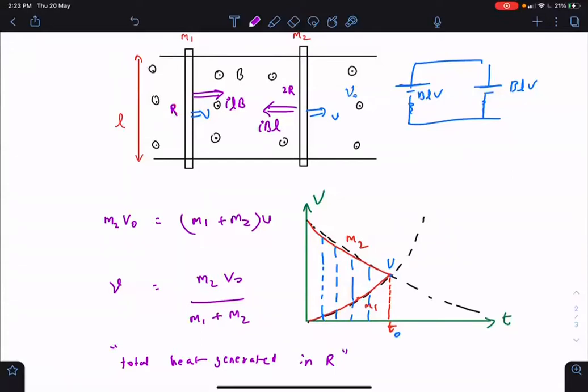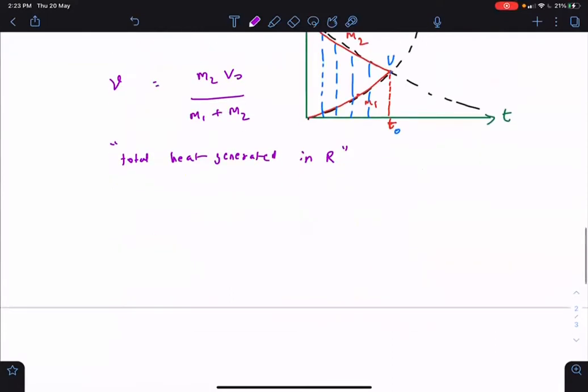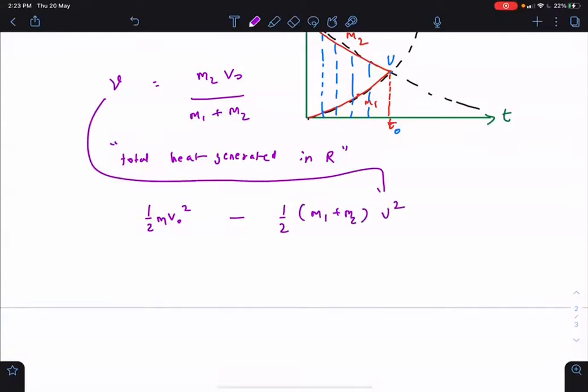So once velocity becomes the same, everything stops, like the current flow, heat generated, etc. Whatever heat has been generated until that time is coming from loss in kinetic energy. So initial kinetic energy minus final kinetic energy is equal to the loss in kinetic energy, and loss in kinetic energy is equal to heat.